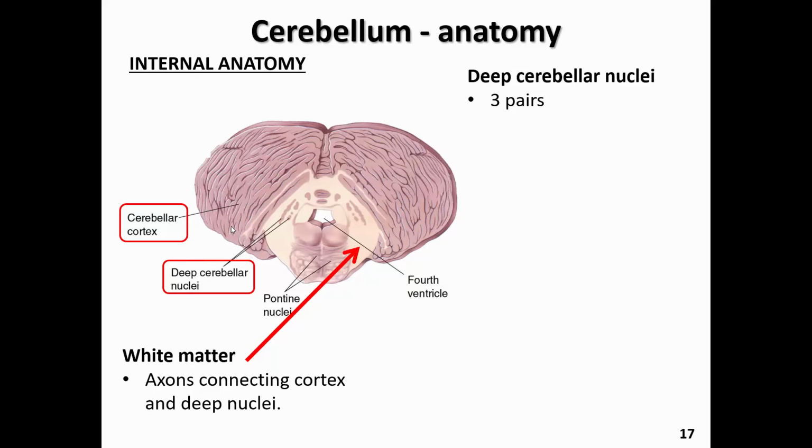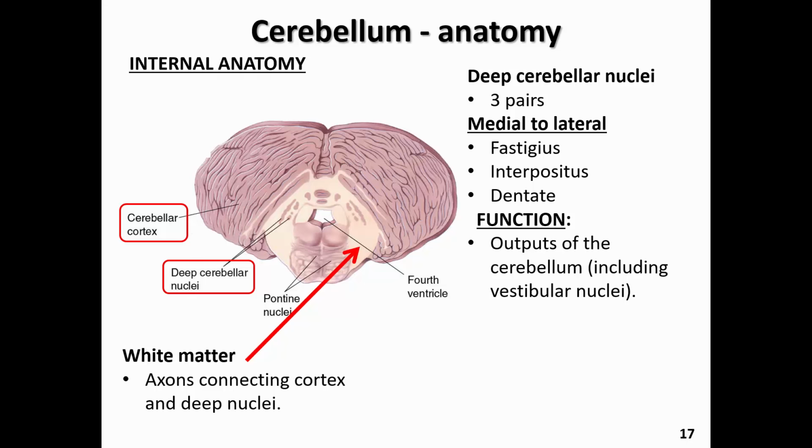And so the deep cerebellar nuclei, there are three pairs, one on the right, one on the left. And from the medial to lateral, these are named the fastigial, interpositus, and dentate nuclei. We'll see that on the next slide. And the function of these nuclei is that they serve as the outputs of the cerebellum. And this includes what are called vestibular nuclei.